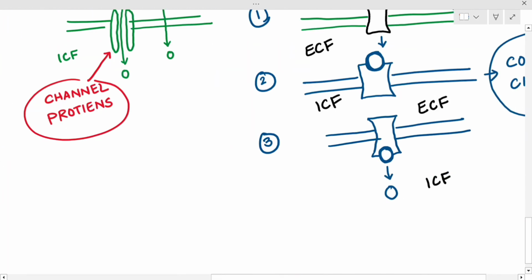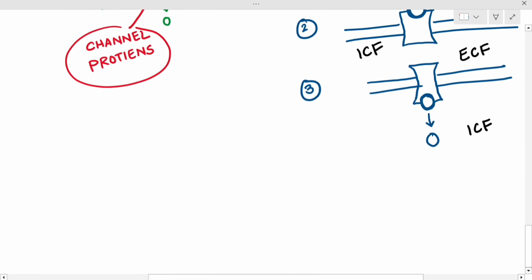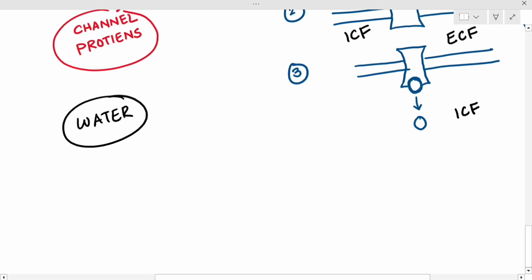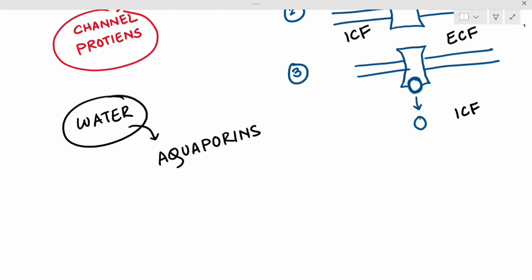So a water soluble substance like water gets transported from outside to inside through a protein channel known as aquaporins. So aquaporins help to transport water from outside to inside.